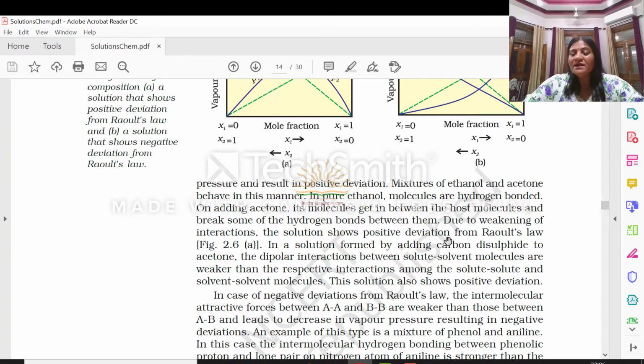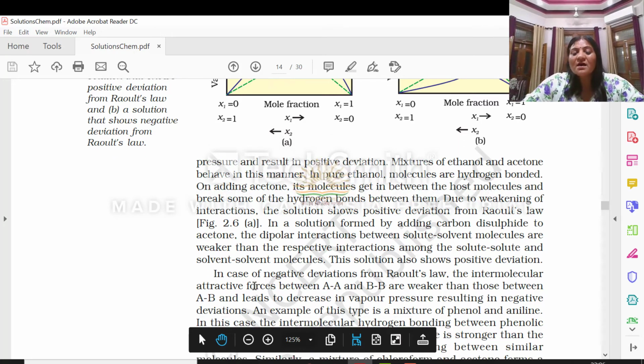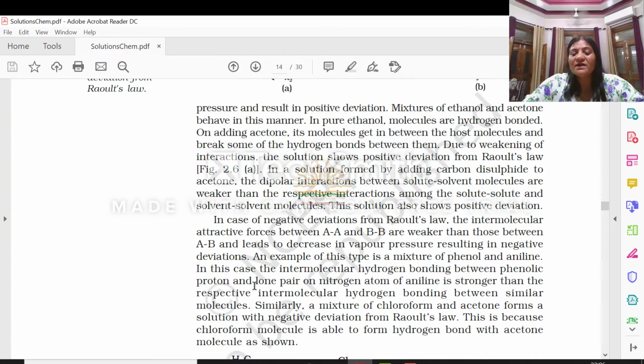I am repeatedly emphasizing this point that positive deviation is due to the weaker solute-solvent interaction than the solute-solute interaction and solvent-solvent interaction. Now we are taking negative deviation.